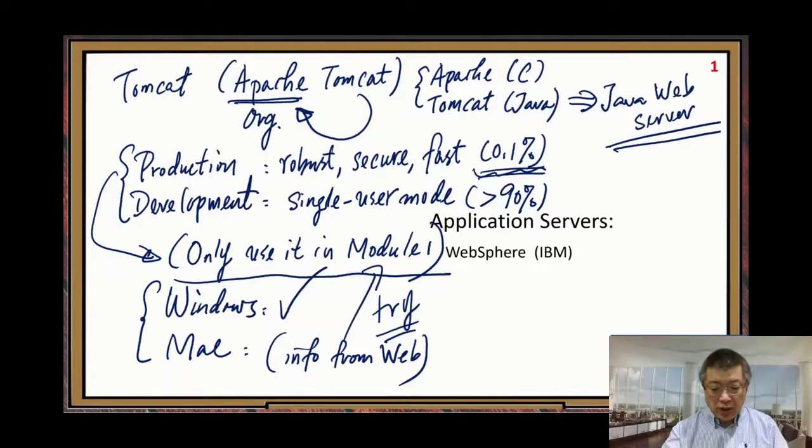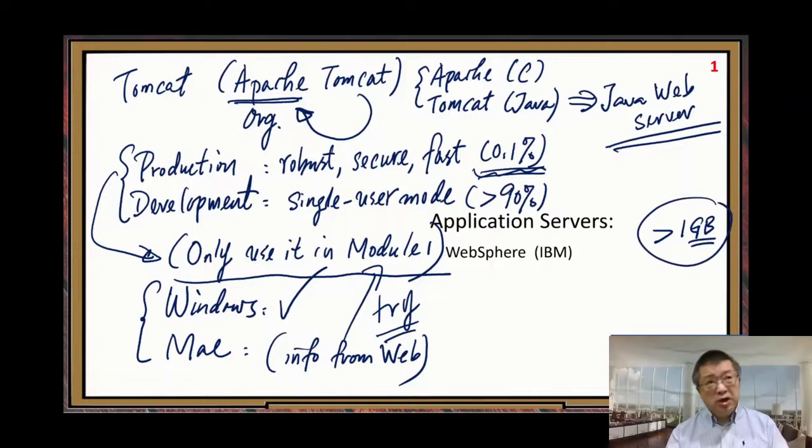It could be greater than 1 gigabyte. Very easily it can get more than 1 gigabyte for the whole software you download. That's a huge one. Some relatively small application servers are still several hundred megabytes.